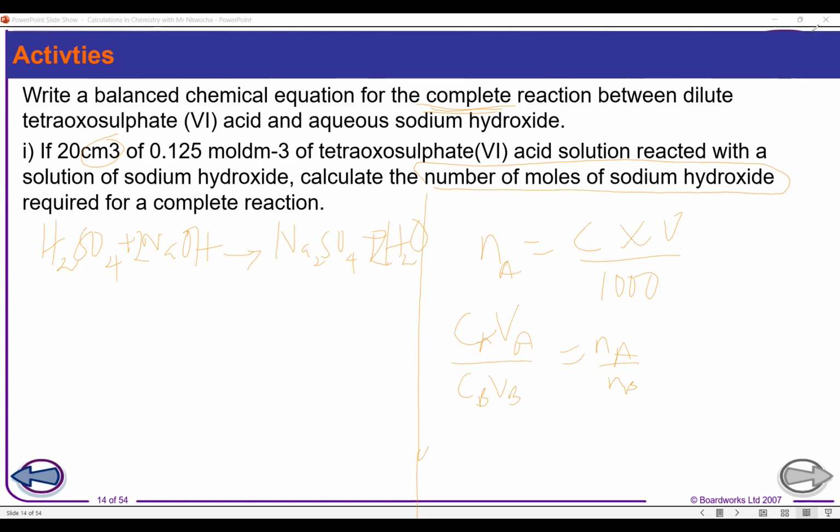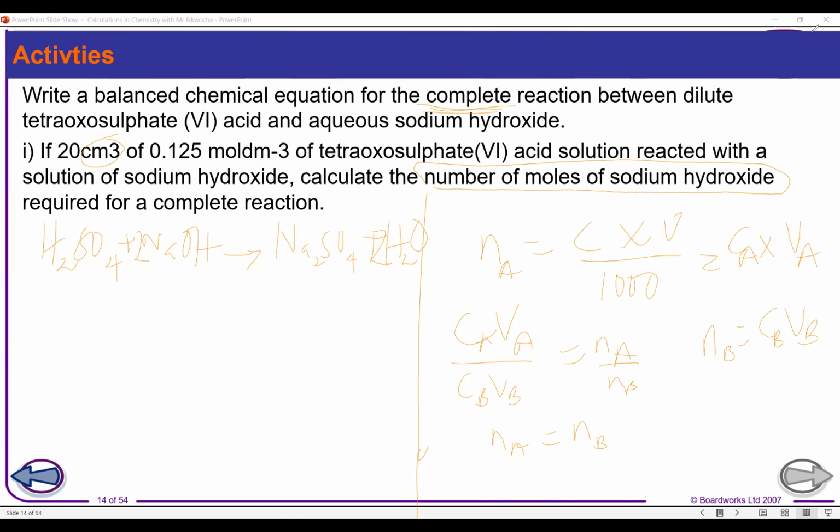It's simply telling you here that number of moles of acid is equal to number of moles of base. It's very simple. That is what this formula is simply telling you. And then the number of moles of acid is equal to concentration of acid times volume of acid. That's all. Number of moles of base, NB, is equal to concentration of the base times volume of the base. Very, very simple and straightforward.